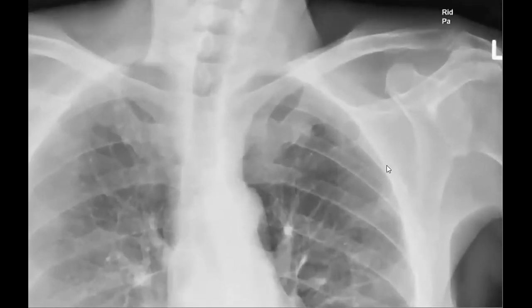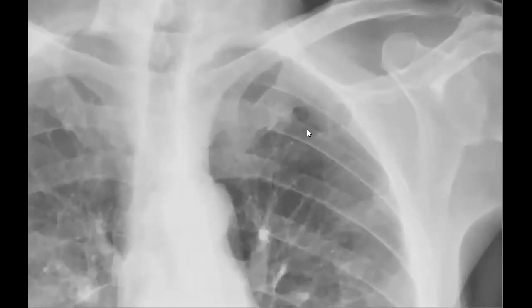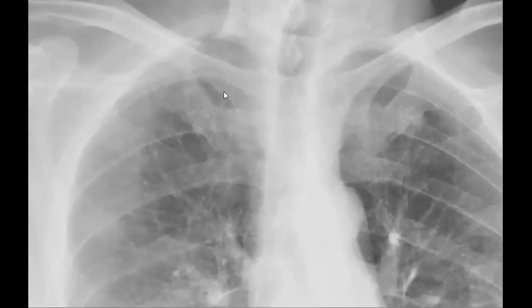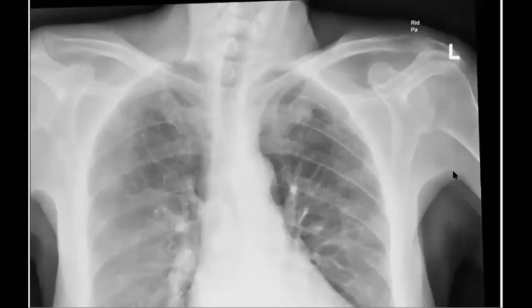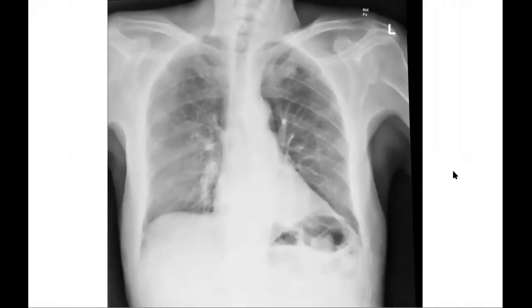Sometimes the pathology can be very hidden. One of the hidden areas is the apex of the lung. To compare the apex of the lung on both sides, you will find that there is a left lung nodule. Now you can see it clearly.